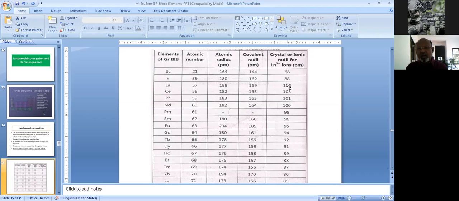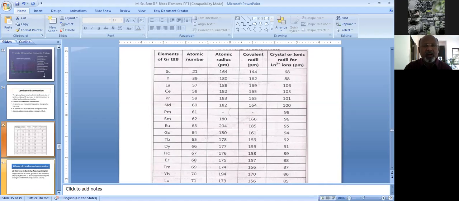Lanthanum ion is big in size, while lutetium ion is small in size, having radius of 85 picometers. So here it is seen that as the atomic number increases, there is a slight decrease in atomic dimension, and this is the characteristic feature by which we can separate all these elements from one another.